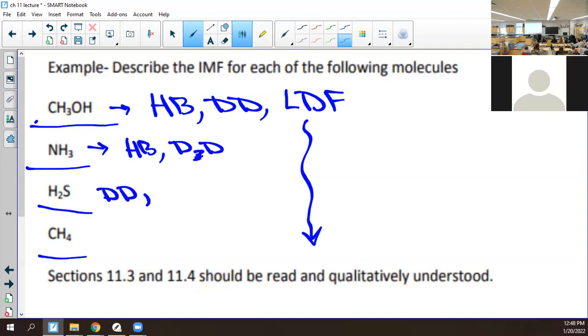This comma was not supposed to be there, sorry. So dipole and just LDF, right? CH4 is LDF only. Not awful, right? So I would check this. It might be just LDF.